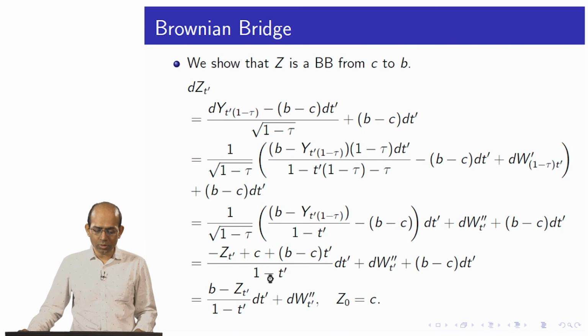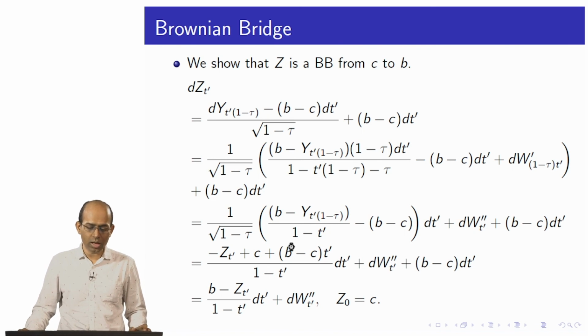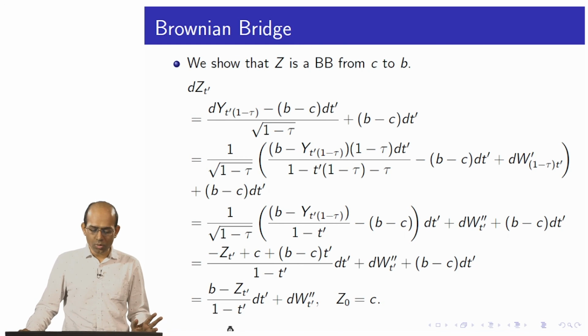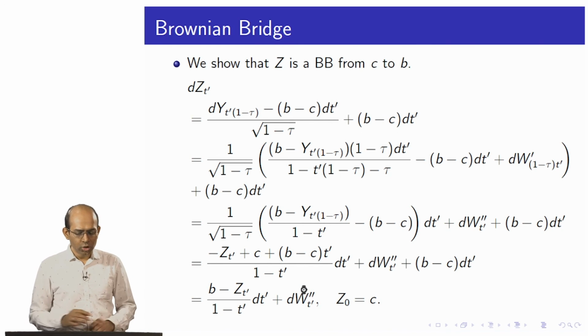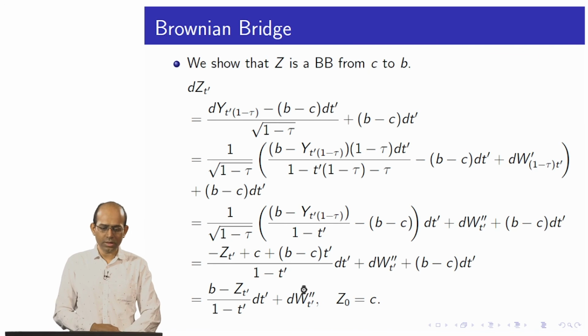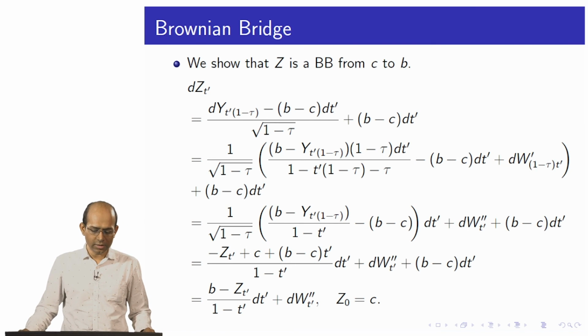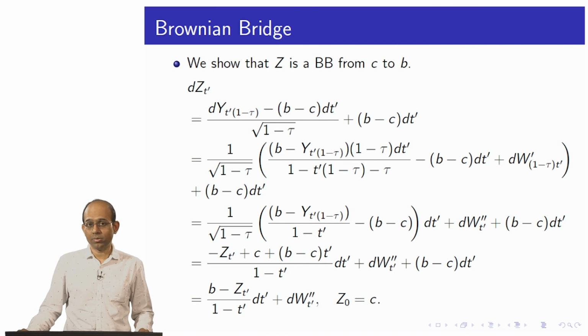What we get is that plus b minus c would appear here, but plus c is here. So, this plus c and that minus c would cancel. So, I would get only b here. So, my b minus z t prime would remain in the numerator, and the denominator is 1 minus t prime, dt prime, and I would have only this one more term, dw double prime t prime. Okay. So, by this we have finished the proof that z satisfies this stochastic differential equation, and therefore z is a Brownian bridge from C to B. Okay. Thank you.